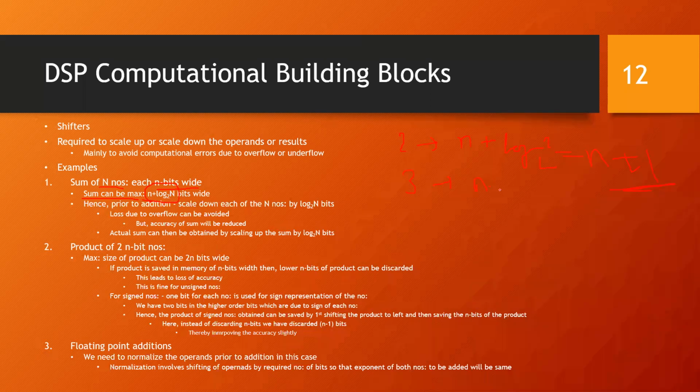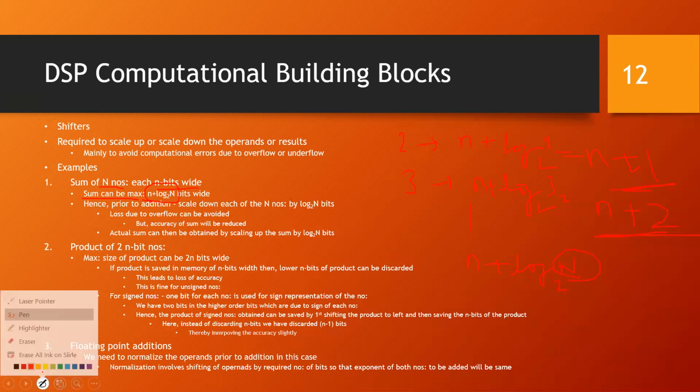Similarly for 3, log 3 to the base 2 is greater than 1, and I cannot have fractional values, so it will be n plus 2. That is the number of bits; it cannot be a fractional value. In general, I'll have n plus log n to the base 2, where n is the number of integers or fractions you are adding.